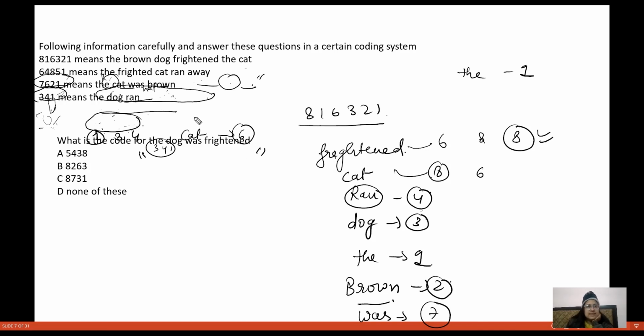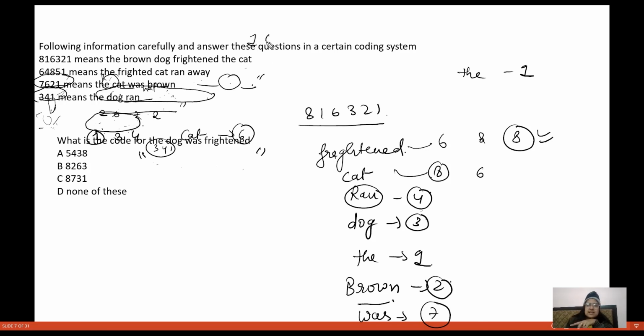Similarly, this is a four-letter one, because the dog was frightened. We know the is 1, cat is 6, was is 7 and brown is 2.